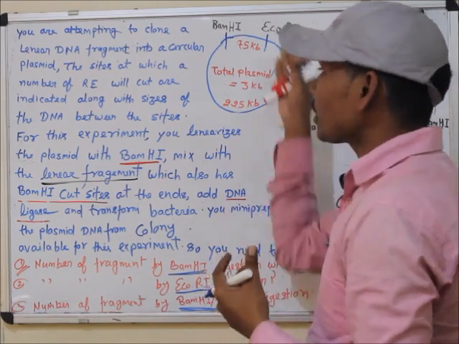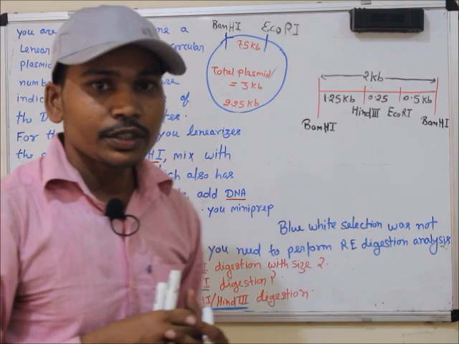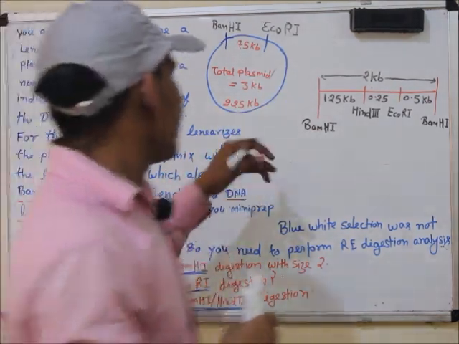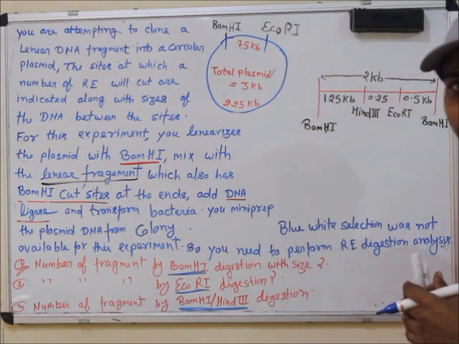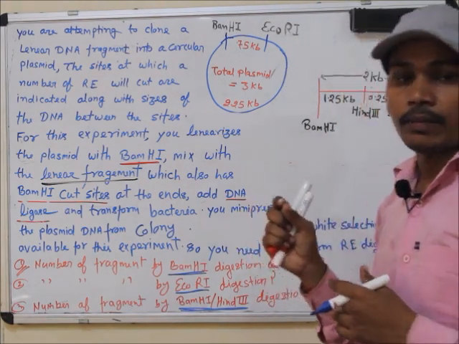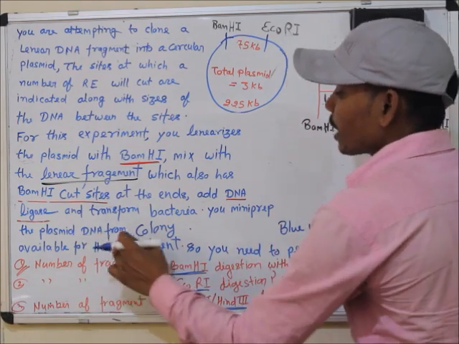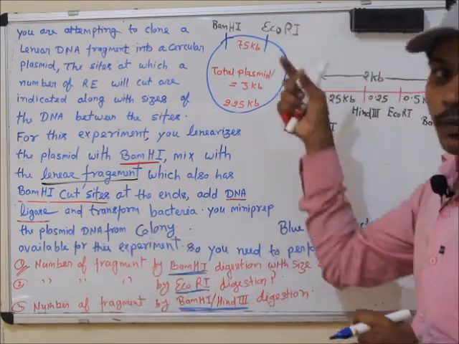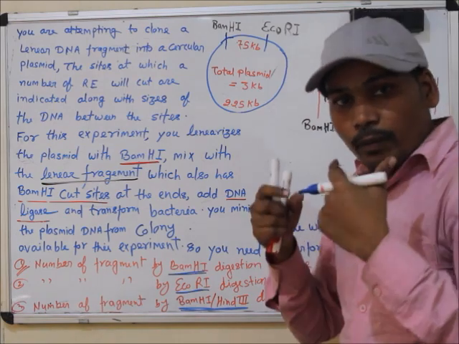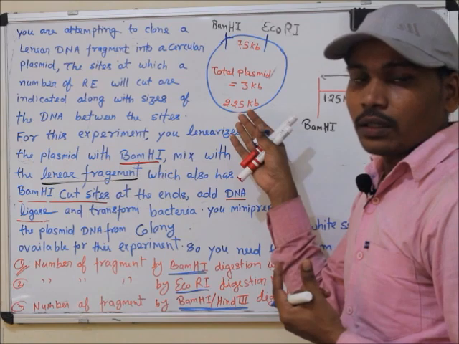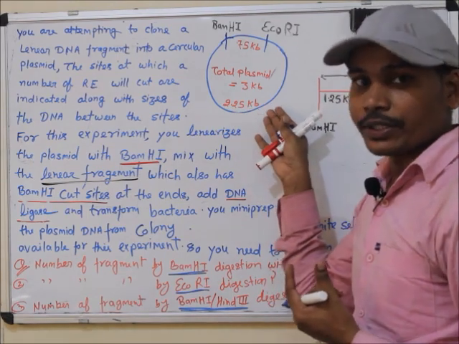As the bacteria divide, the plasmid number also increases. Each plasmid goes to the next progeny of the bacteria, so a number of plasmids can be obtained from the number of bacteria. So here you mini prep the plasmid DNA. When the bacteria have grown overnight, we isolate the total plasmid from the total bacteria.